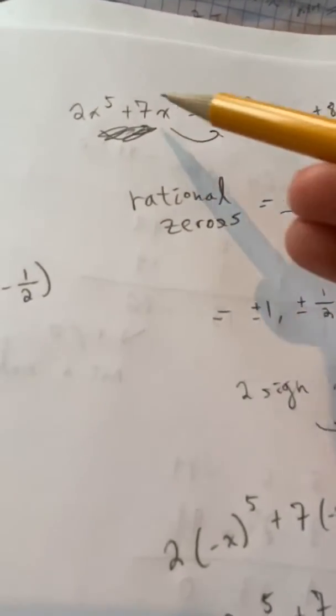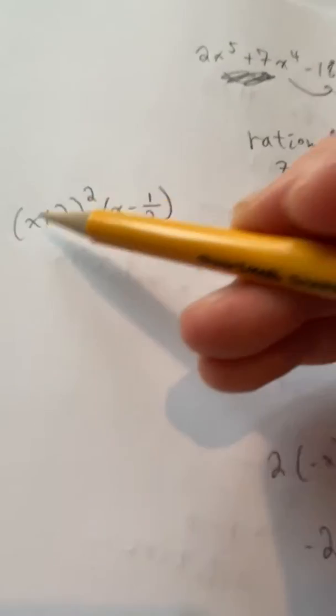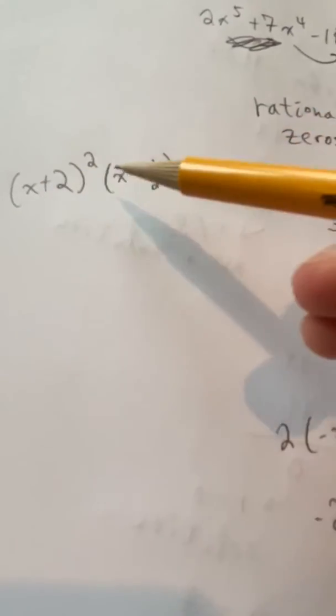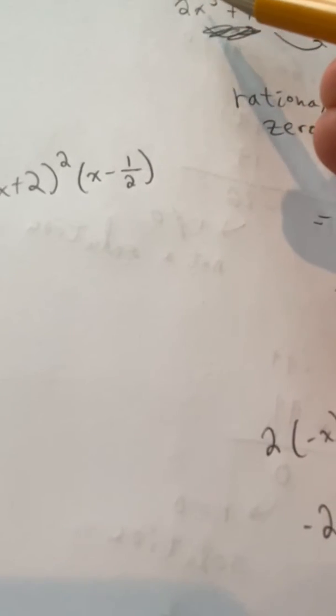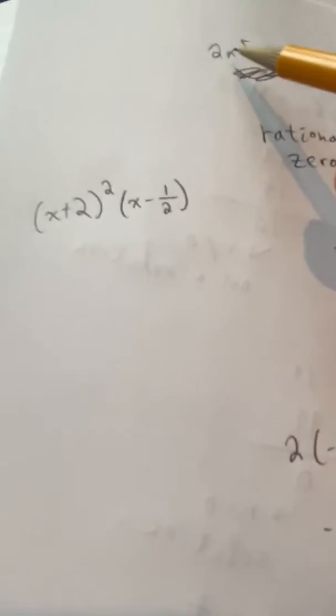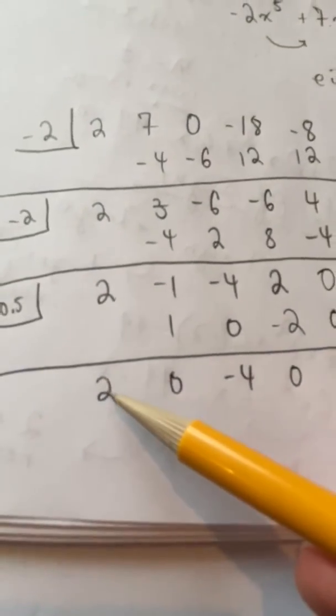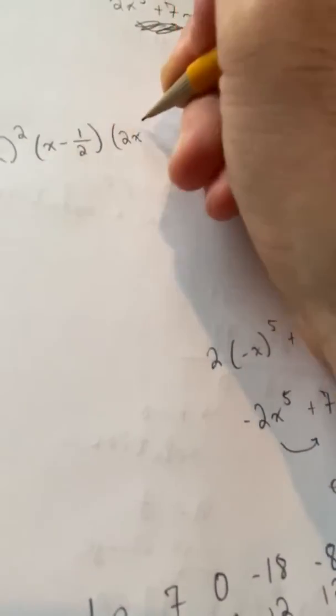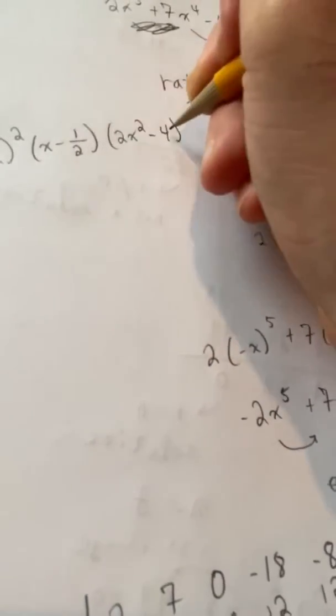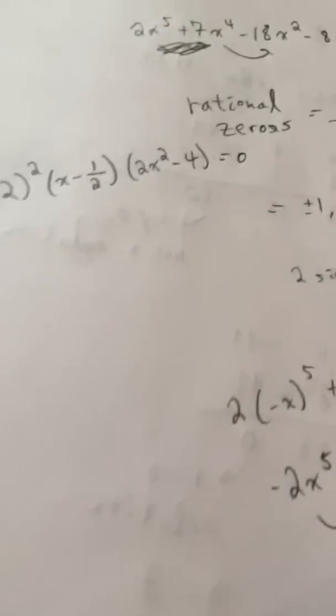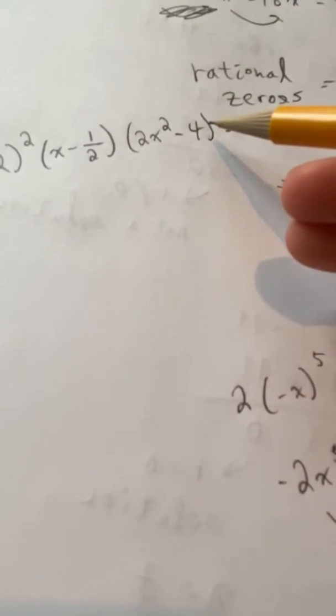Our original polynomial was of degree 5, and we've taken 3 degrees away: an x squared and an x. So the degree of whatever's left over is going to be x squared. We can look down here: 2x squared plus 0x minus 4, and that equals 0.